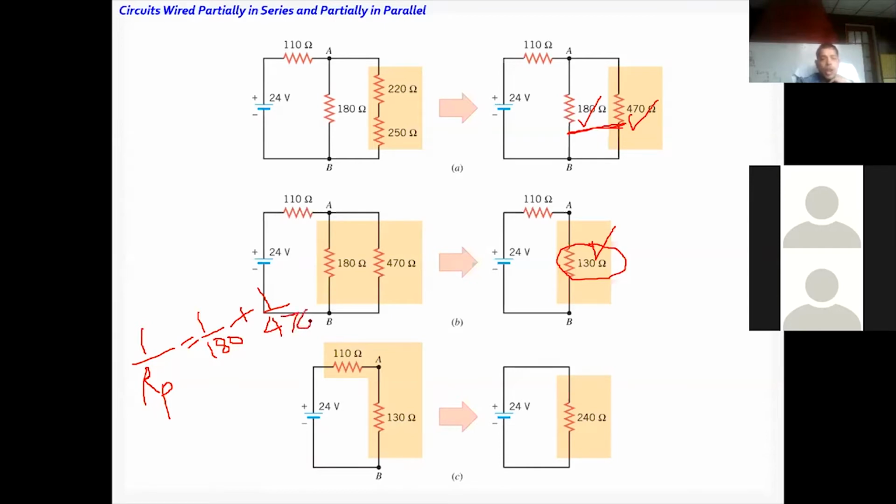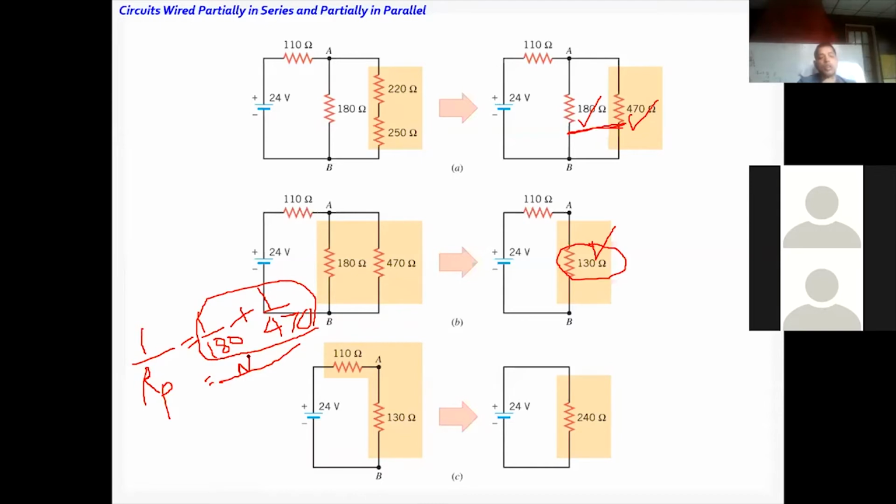Now, how do you find the 1 over Rp? They are not the same, right? So you have to somehow take the LCM here, the least common multiple, that you did in elementary school. Find the LCM of these two, and so anyway, you can do this right hand side. Once you do the right hand side, you get some number n.